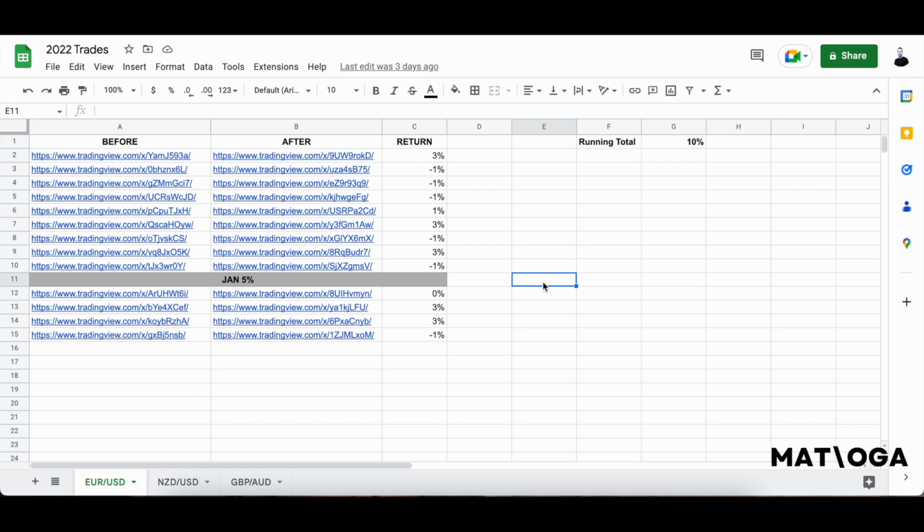I just don't find the optimal entries, and it's one of those pairs I would not recommend implementing for your day-to-day trading with this strategy, even though it still made 5% in January.